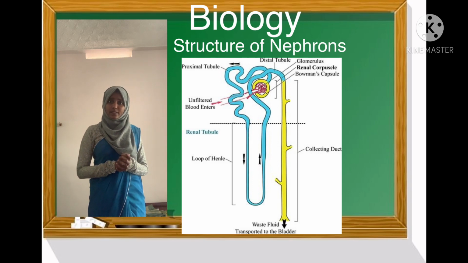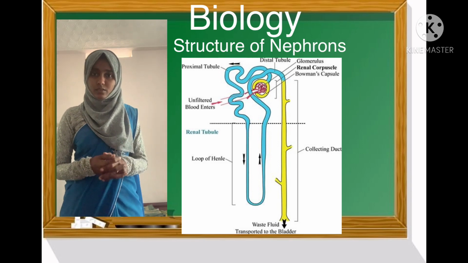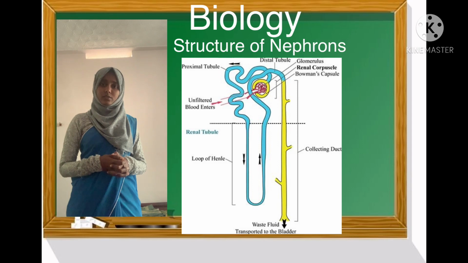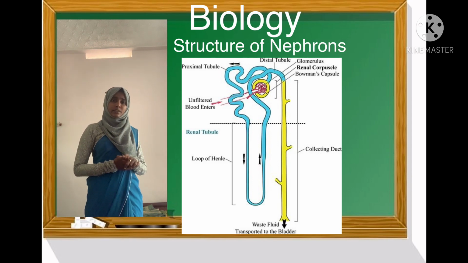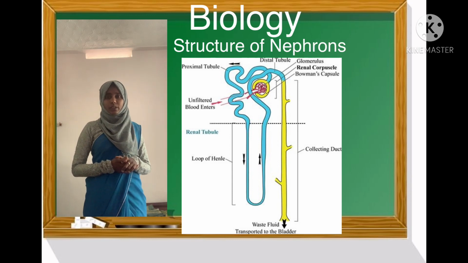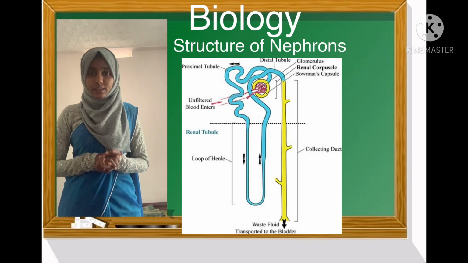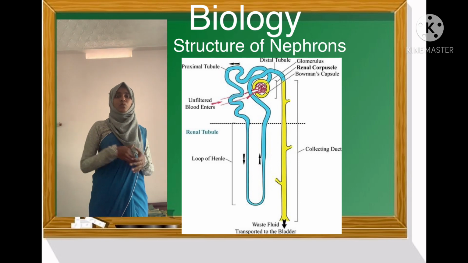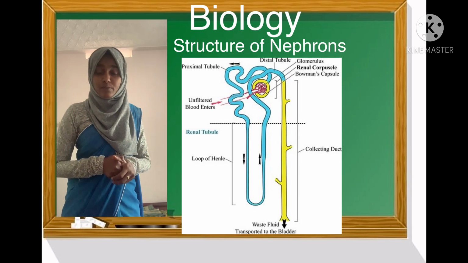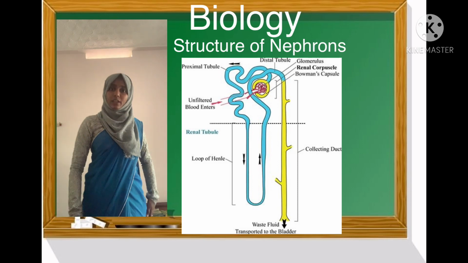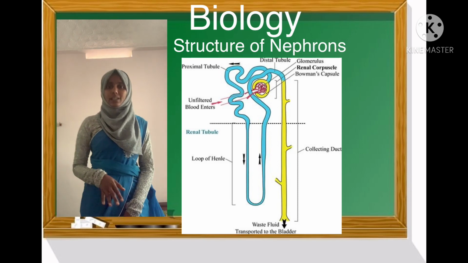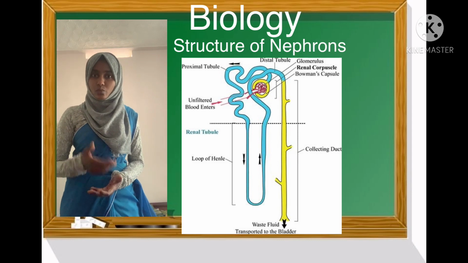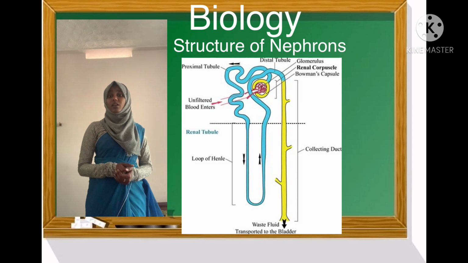No one has heard about the collecting duct. Okay, then we can discuss it later. Next we are coming to the capsular space. Keep the collecting duct aside, and we move on to the capsular space.